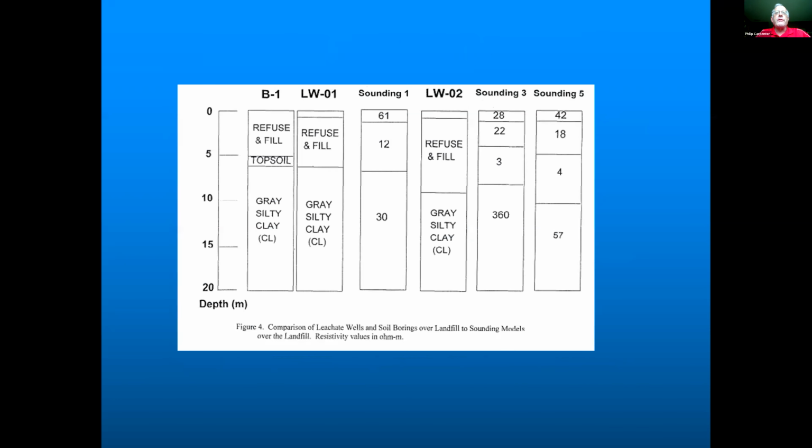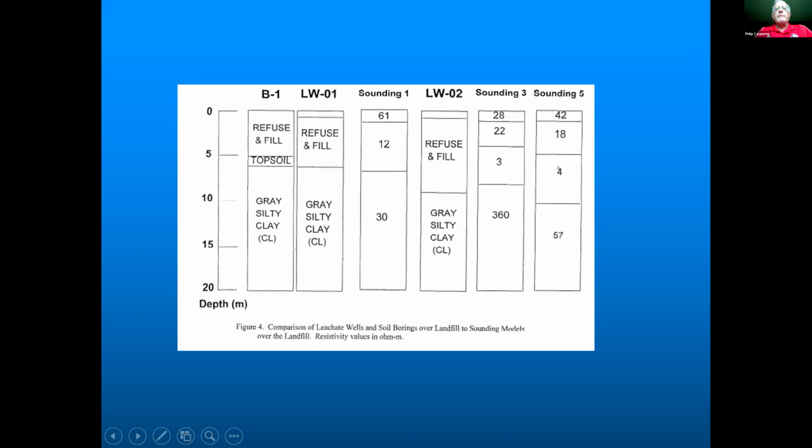So these are some of the results from our soundings done at Mallard North. You can see you've got refuse and fill over gray silty clay. This is basically Wadsworth Formation. These are the resistivities in ohm meters: 61 ohm meters, 12 ohm meters, and 30 ohm meters.